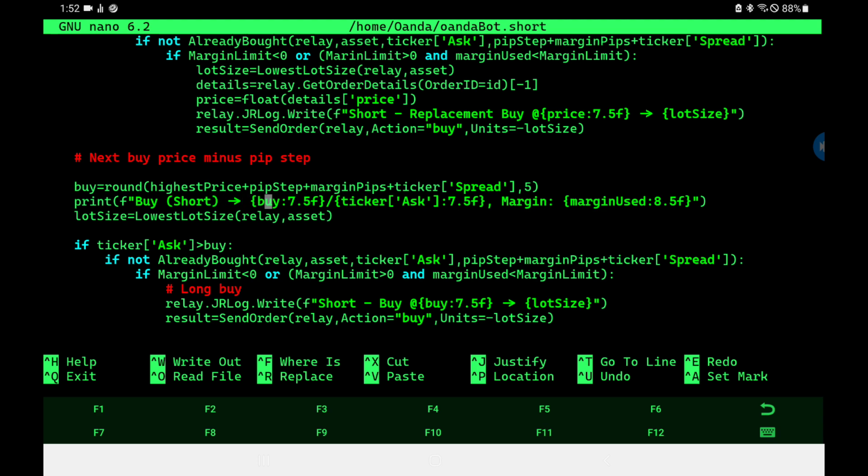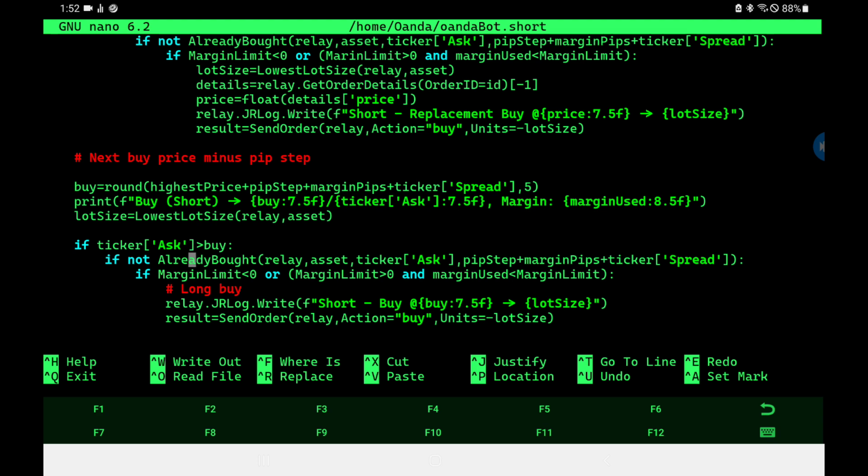This is the buying price. This is the current ticker, whatever it is. And then the margin we're currently using. Short, sweet, and simple. But now, if the ticker asking price is actually greater than the buying price, meaning we have exceeded the highest price possible, plus our profit, plus our margin, plus our ticker, then we make a purchase.